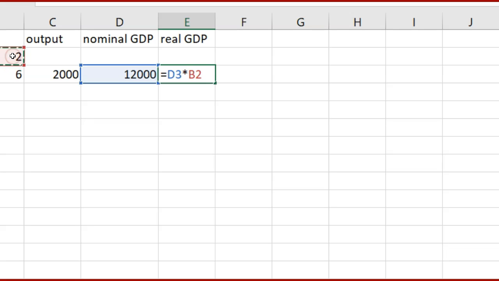So base year divided by the price in the current year. So we can see that the real GDP is much lower than the nominal GDP. Why? Because the nominal GDP includes both price and output, whereas real GDP has held price fixed in the first year.